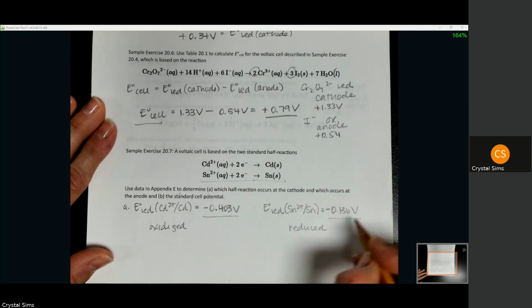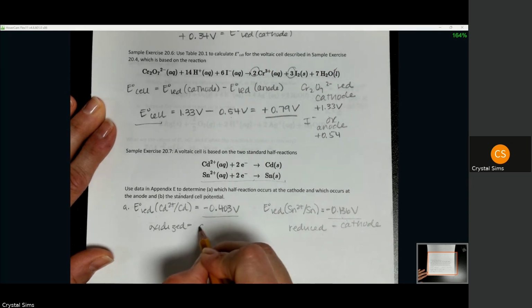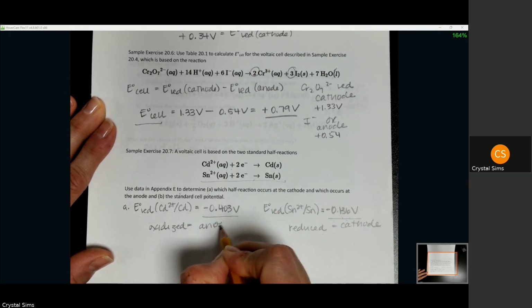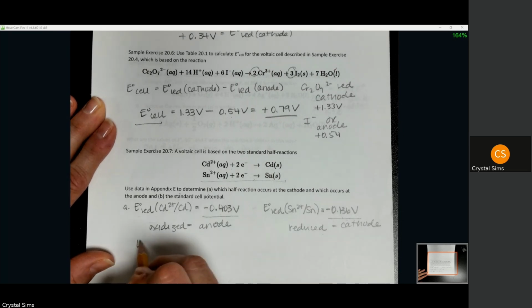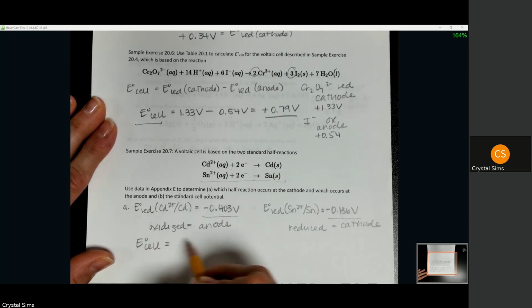So with it being reduced, remember that equals our cathode. The cadmium then will be our anode. And so we come back to our formula, which is cathode minus anode.